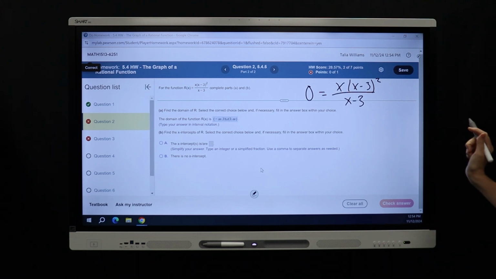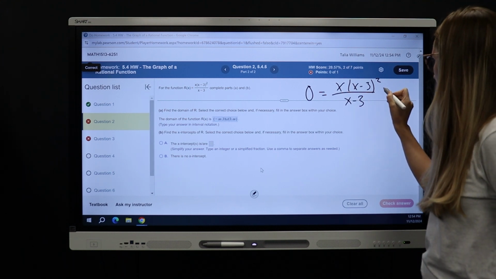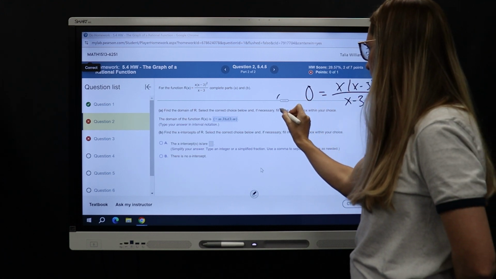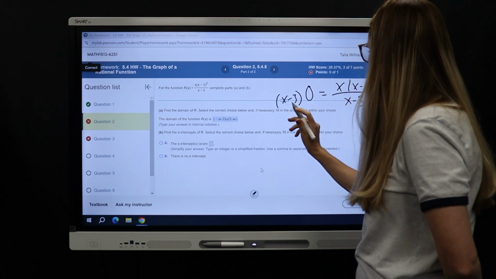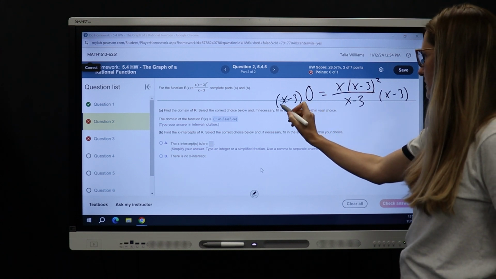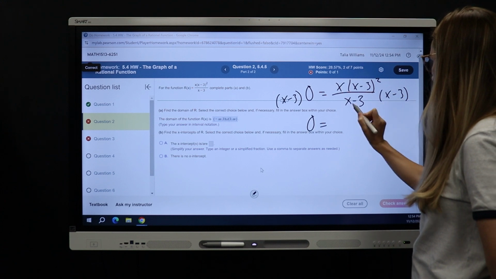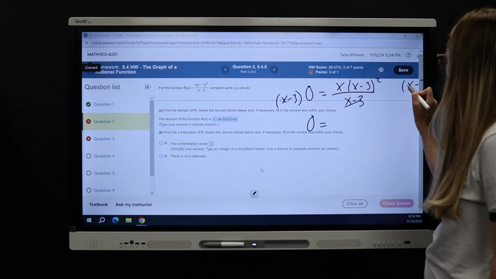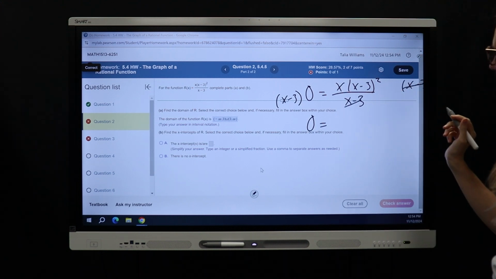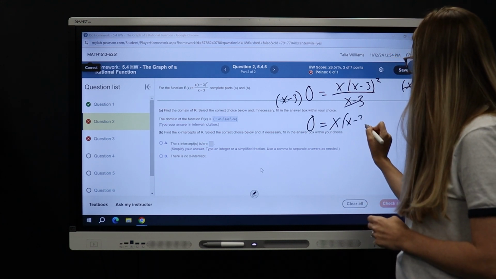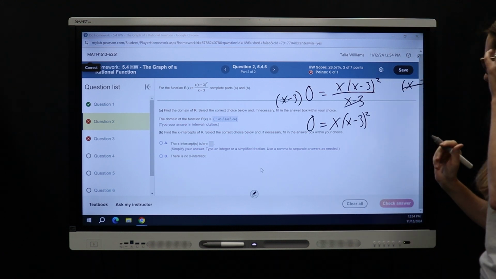If I was just doing this, I wouldn't have put the denominator on it, because our first step would be, opposite of division would be to multiply. And when we multiply this, anything times 0 is 0 still. And anything divided by itself is 1. That's one way to get rid of it. That's why we multiply by it if it's division, because inverse operations.